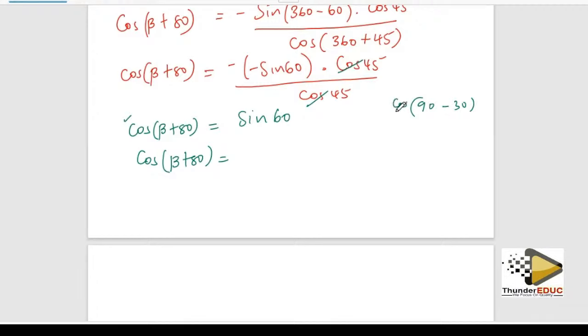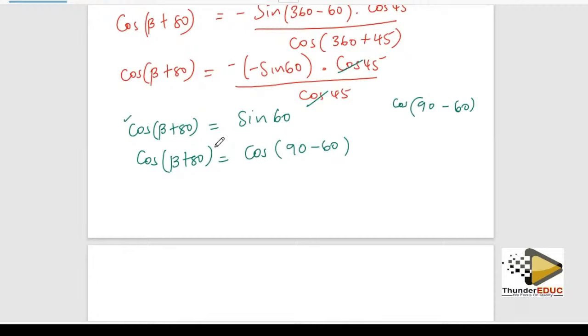And then if I apply my cos, okay, so that's a cos of 90 minus 30. Does that make sense? No. Not at all. It can't be a 30. It has to be a 60.